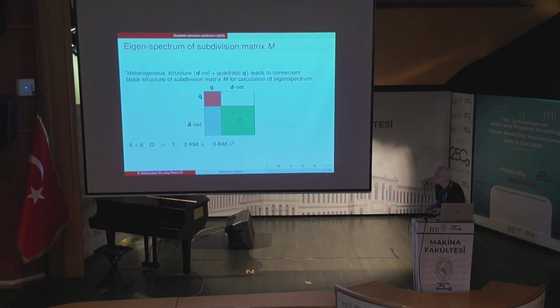And from this quadratic part, we get what is expected by the theory: the dominant eigenvalue 1, then the subdominant twofold, and what is important, the next eigenvalue is the squared subdominant eigenvalue.